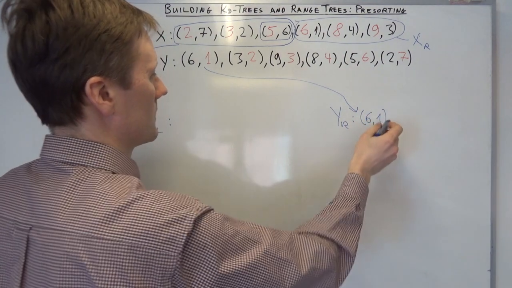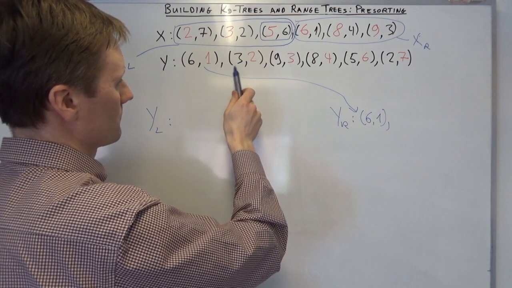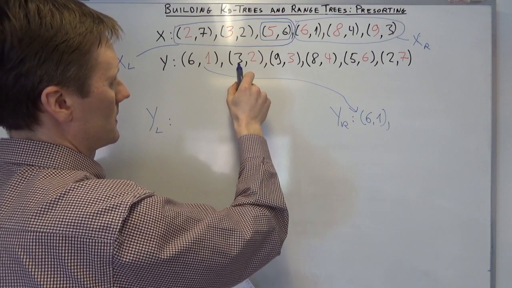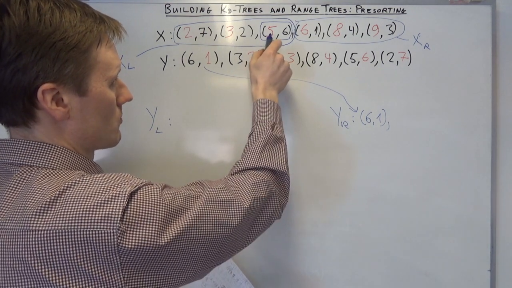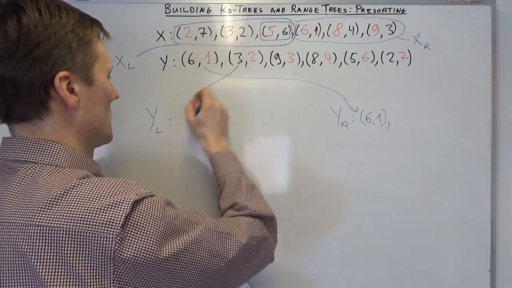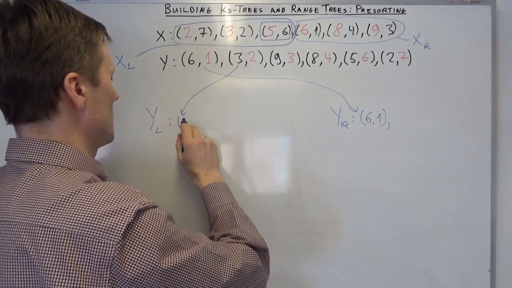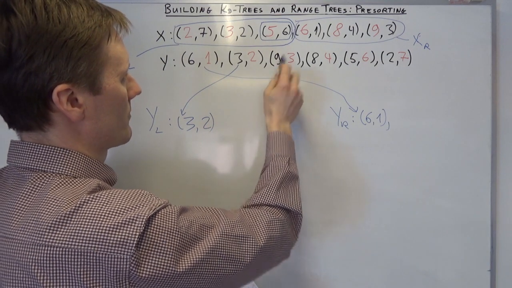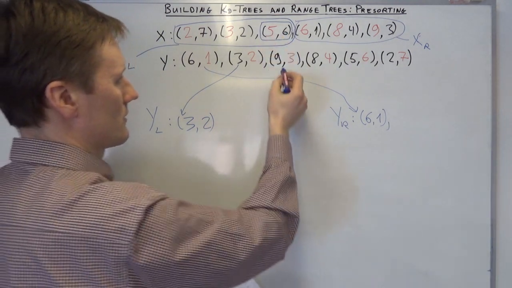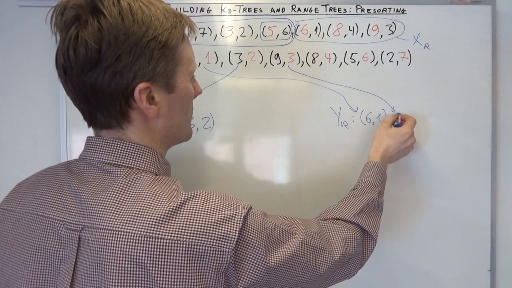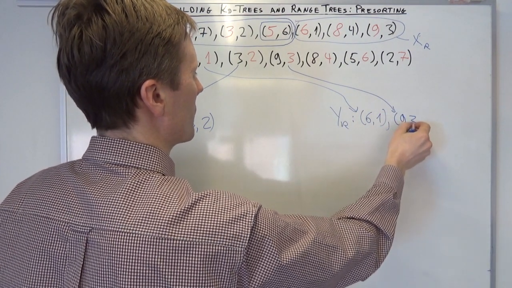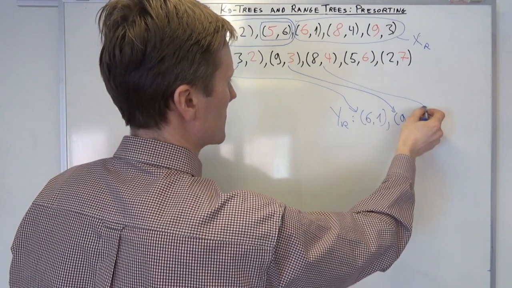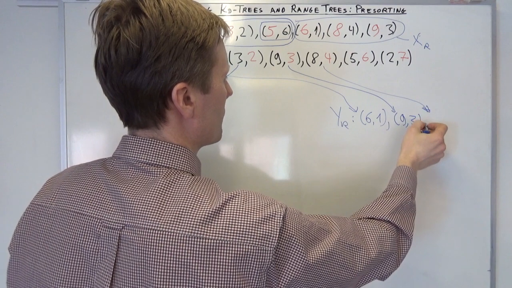Then 3, 2 has an x coordinate that is smaller than 5, so it belongs to the left subproblem, so we put it here. And 9, 3 is larger. 9 is larger than 5, so it goes here. 8, 4 goes again here, because 8 is larger than 5.